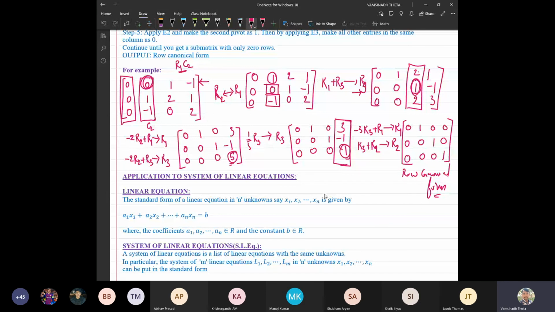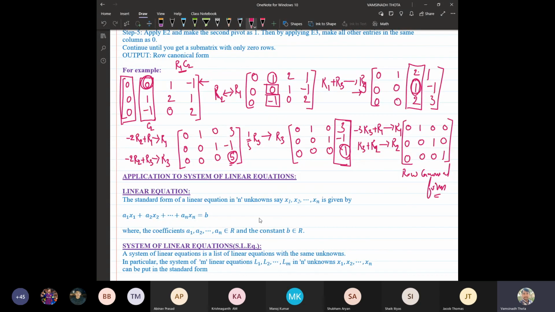In fact, for a given matrix, there may be more than one echelon form, but for a given matrix, there will be a unique row canonical form. That is the advantage of row canonical form.